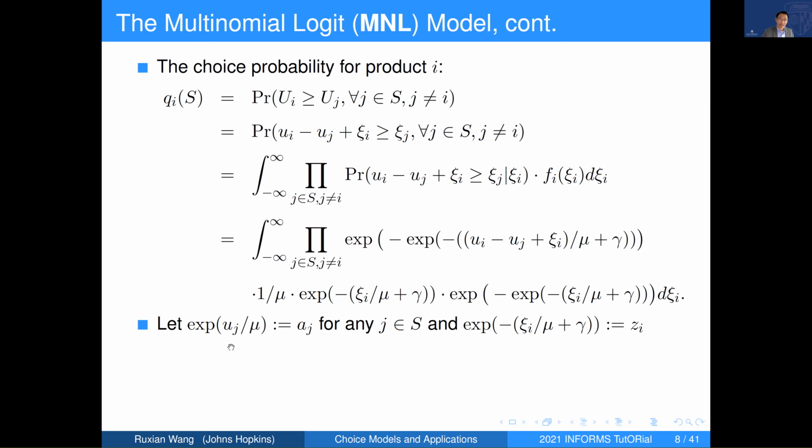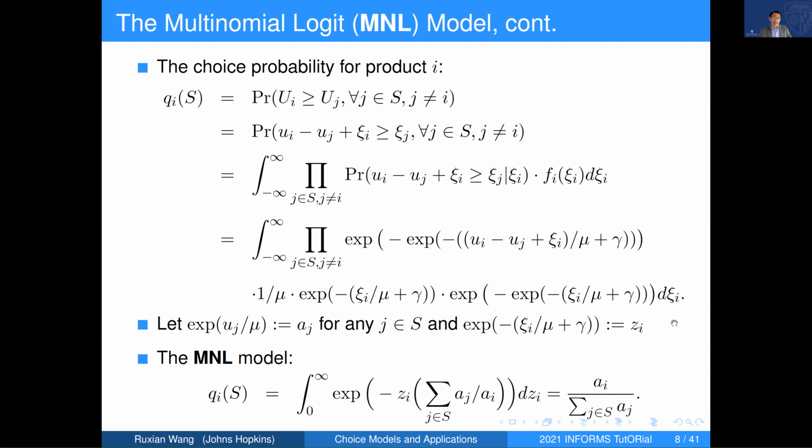The first one, a_j, we call the attractiveness for any item j in S. And the other one is z_i. z_i is the exponential of minus u_i divided by mu plus gamma. Gamma is a constant. Actually, it's the Euler constant, roughly equal to 0.5772. Then we can have the MNL model in closed form.